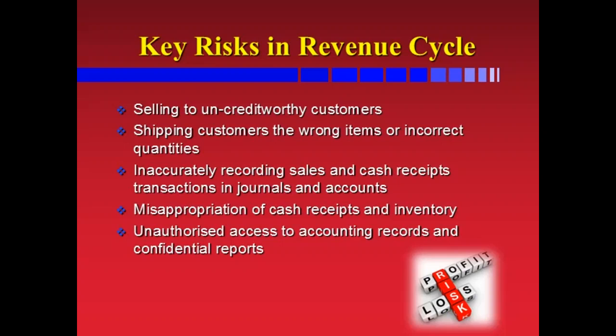Now, to mitigate each of these risks, we will be discussing the relevant internal control procedures, which can be in the form of physical control activities or in the form of IT controls. Let's do a recap of the two categories of control activities.